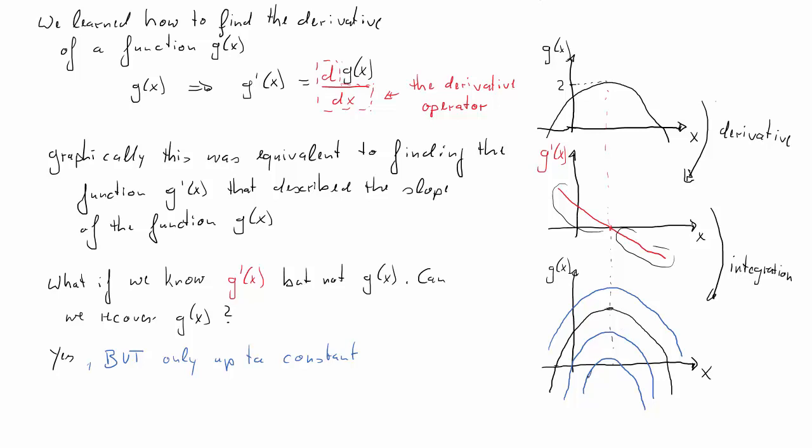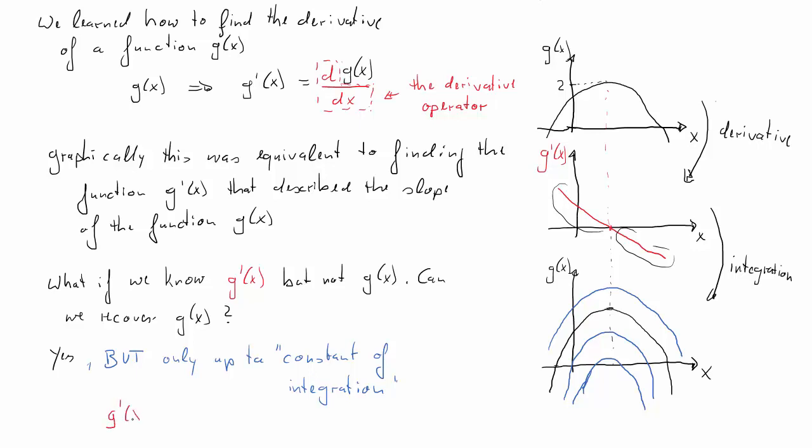There's an infinity of functions that have the same derivative, and they all differ by a constant. So the answer is yes, we can recover the function g of x, but only up to a constant of integration. This is what we call this element of indeterminacy.